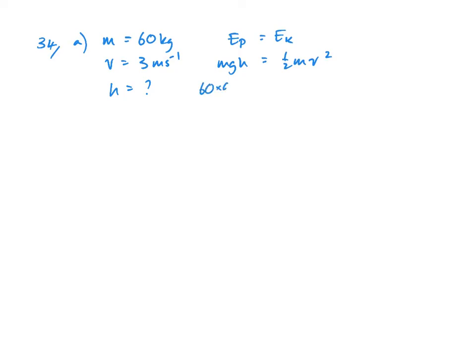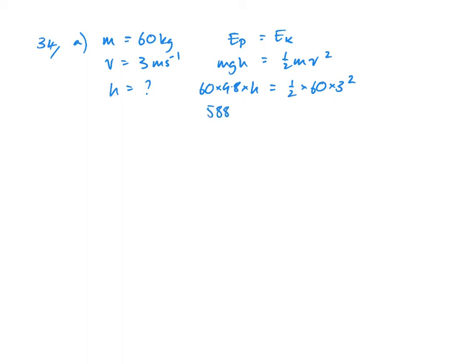So 60 times 9.8 times h equals a half times 60 times 3 squared. If you prefer, you can do the EK as a separate calculation, get an answer and then plug that in, if you find doing it all in one difficult, but you get the same answer. So simplify what you can. So I'll do the 60 times the 9.8.